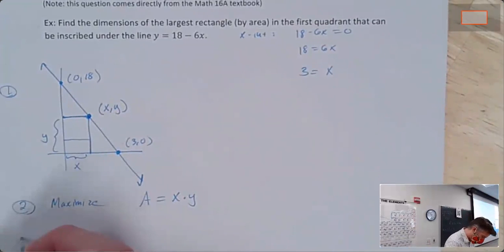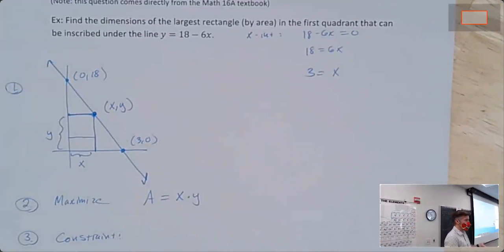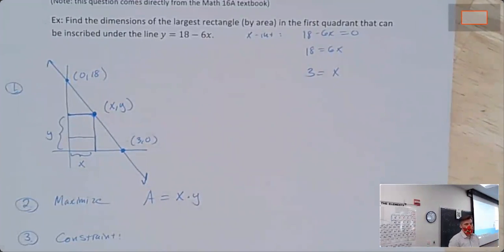I think we can all physically see that the constraint is that the rectangle has to be under that line. We are definitely limited in how big the rectangle can be. But we can be a little bit more specific. Not only does it have to be under the line, we have drawn it in such a way to get the most possible area. We want that corner to live on that line.